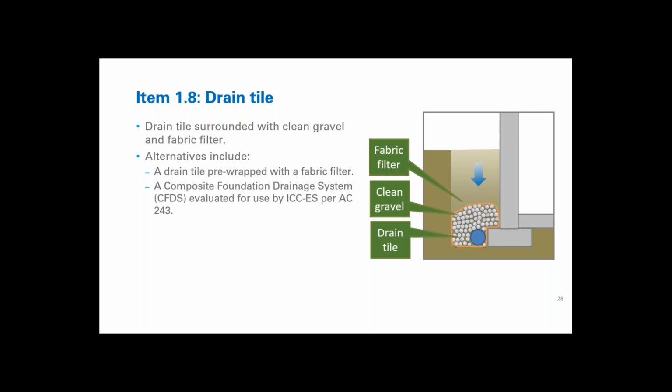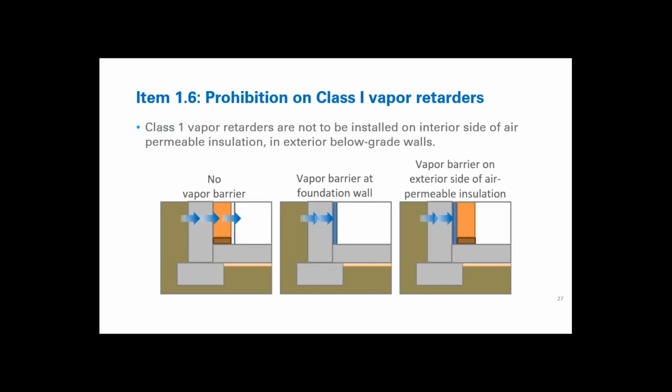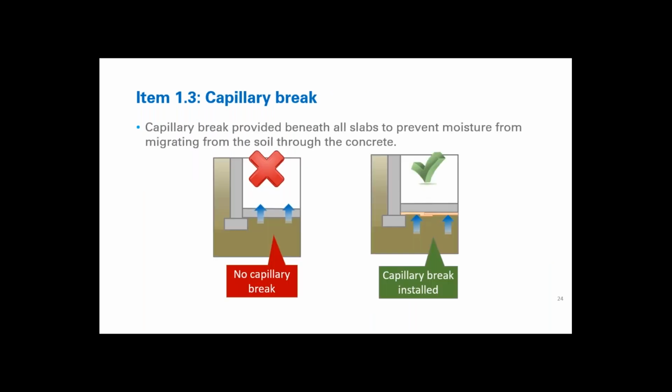But regardless, for the program requirement, it is definitely required to have a separate capillary break, unless there was some sort of certification that it was meeting the Class 1 requirement of being a vapor retarder.